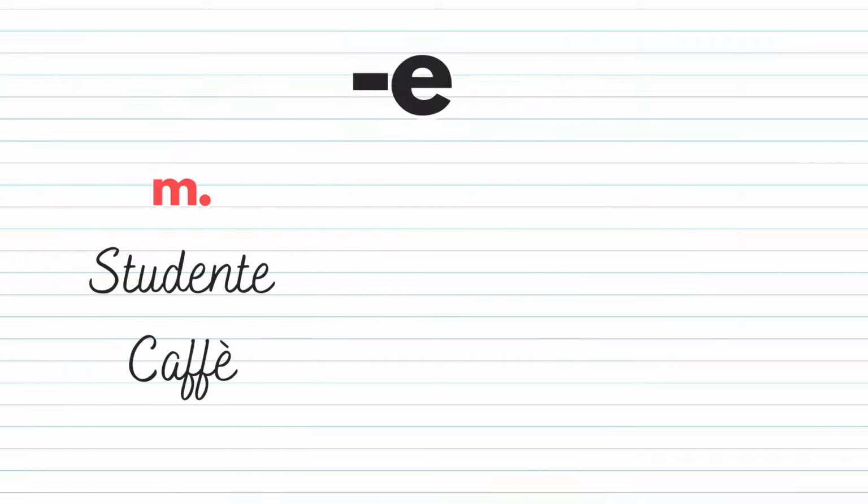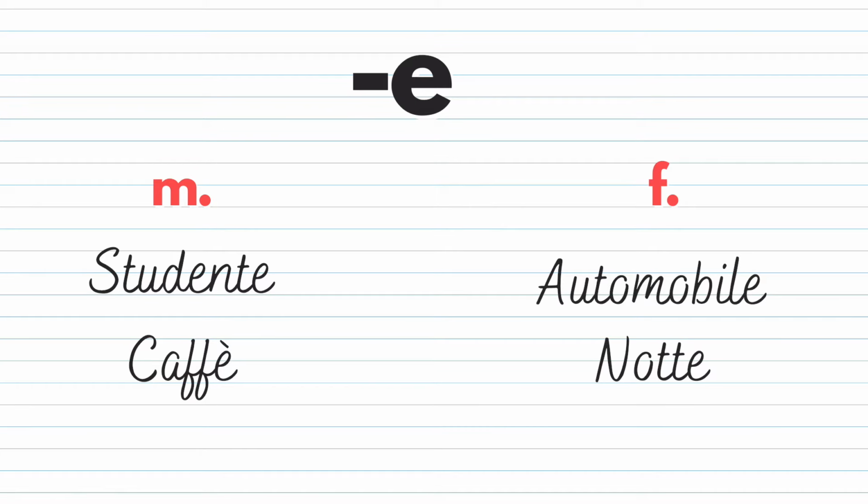But if you didn't know that, you couldn't really tell because it ends in E. And when a word ends in E, like studente, you don't really know, so it's kind of a guessing game. For example, caffè is masculine as well. Coffee, il caffè. But then automobile, car, is feminine, and the same goes for notte, night, still feminine, la notte.